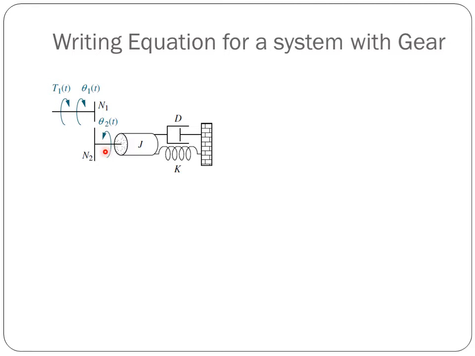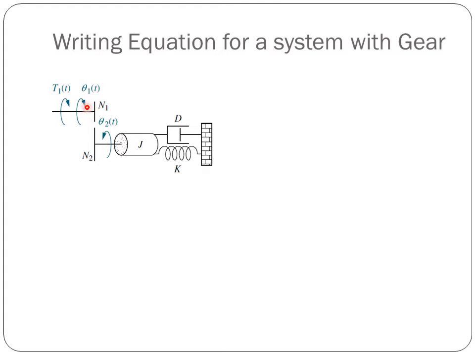Similarly, we will develop a torque T2 and a displacement theta 2, which is attached to a mass or inertia, and also connected to a viscous damper and a spring. So this is the system.